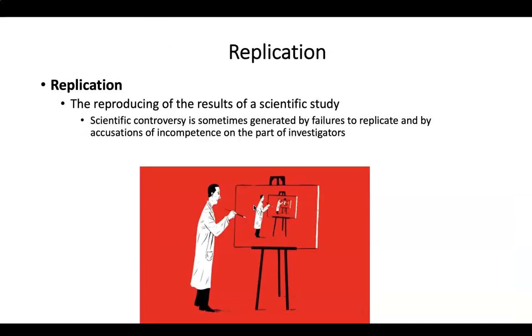Now, another key part of scientific study is what's called replication. Replication is basically, so you do this fascinating research with this interesting finding that workers work more in places where they have more natural light.